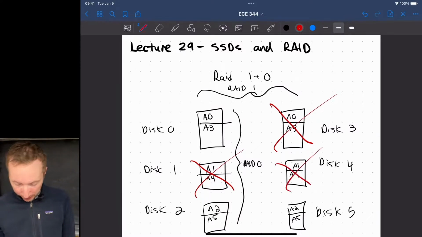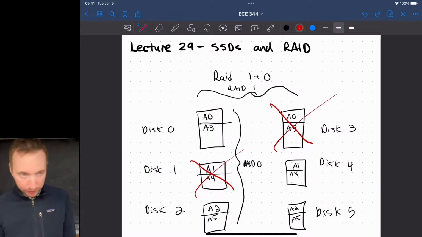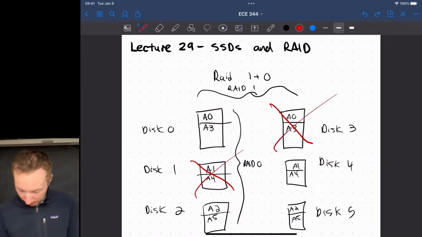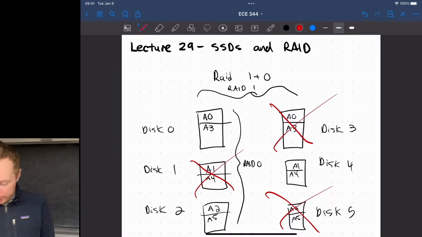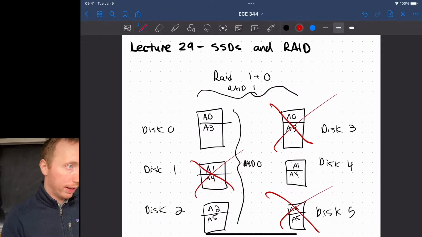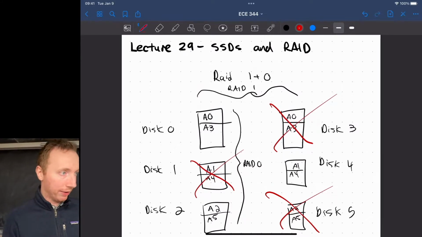If disk 4 dies, I don't have A1 or A4 anymore, but either disk 2 or disk 5 could die. So if one of those dies, then that's fine. And I still have all the data, but now I don't have any backup copies of anything else.